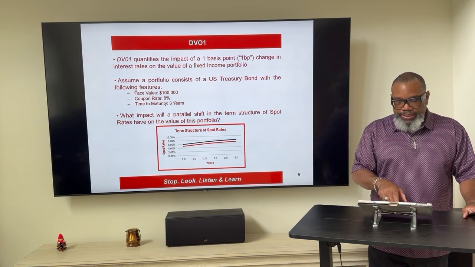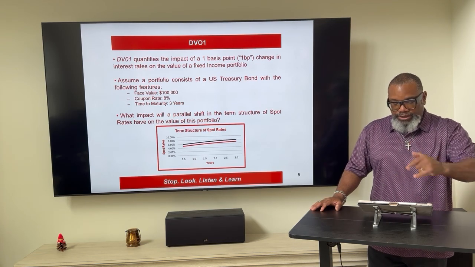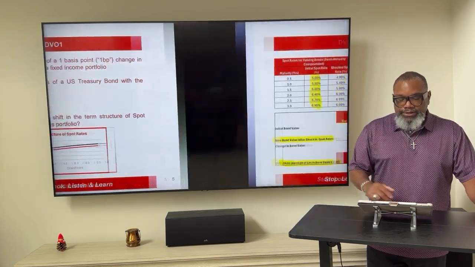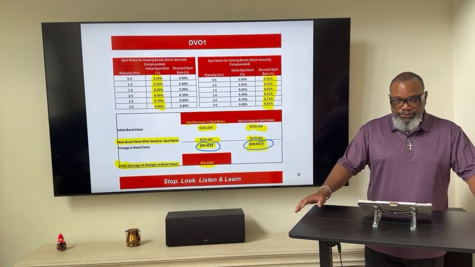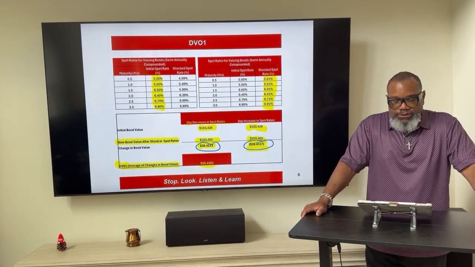And so we can see the spot rates are shifting up, so we have a parallel shift here. First thing we want to do is value the bond using the current term structure of spot rates.